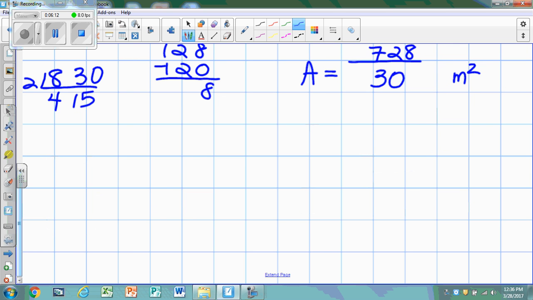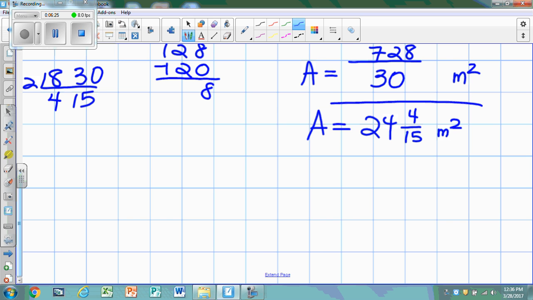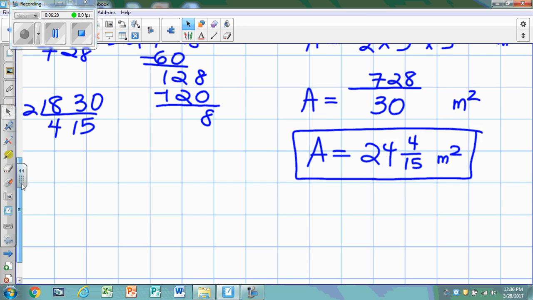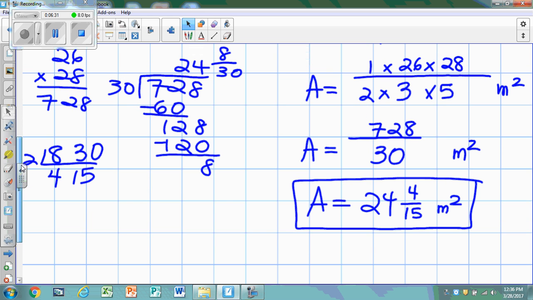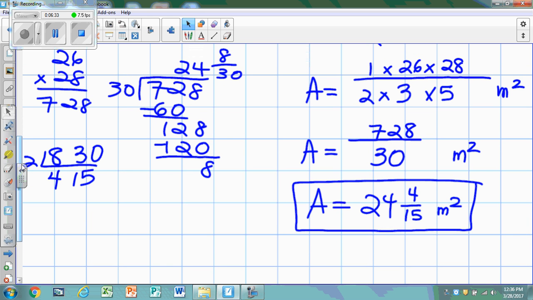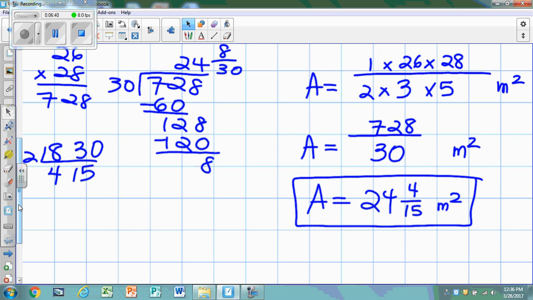So our answer would be that the area is equal to 24 and 4/15 meters squared. That was the answer to our division problem. Okay, and over here is where we did our simplification, where we use the division ladder. So 24 and 4/15 meters squared.